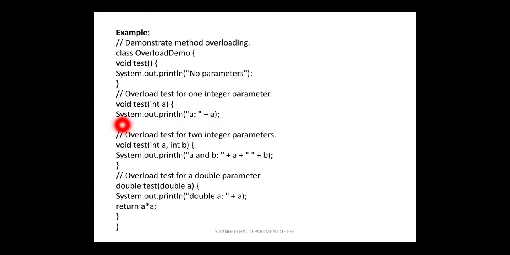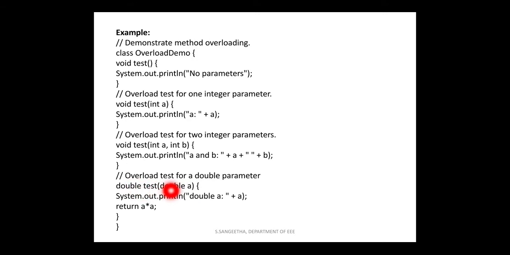Next you have to test for two integer parameters, that is int a comma int b. Before, it was int a only, that is one integer parameter. So with int a comma int b, you display the two integer parameters that will be overloaded. System.out.println "a and b:" plus a and space plus b.